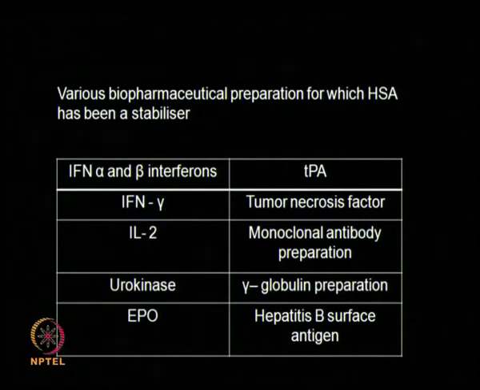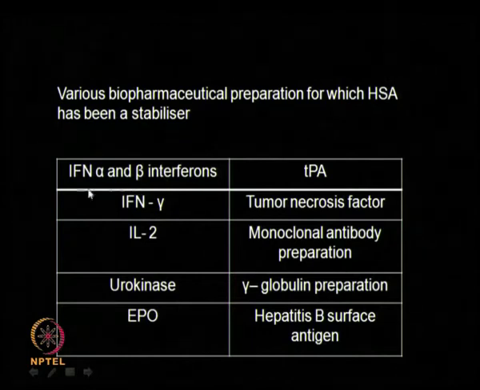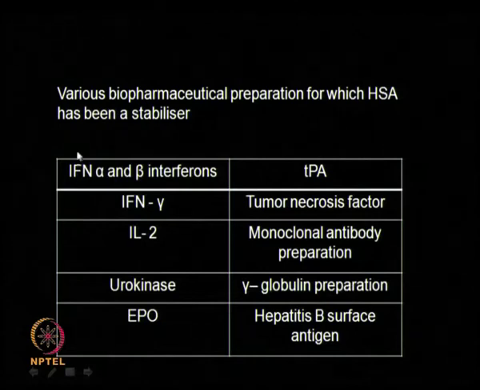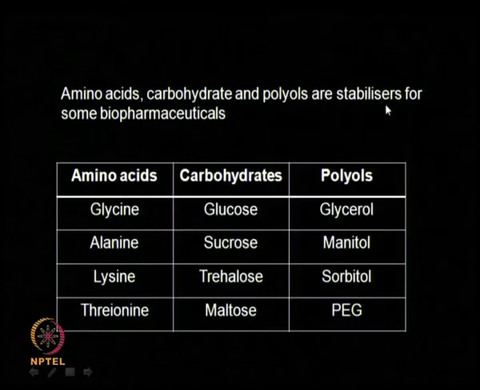Especially where do you add human serum albumin? It is used in several biopharmaceutical preparations, like IFN alpha and beta, interferon gamma, IL-2, urokinase, erythropoietin. All these products could be stabilized by adding human serum albumin.